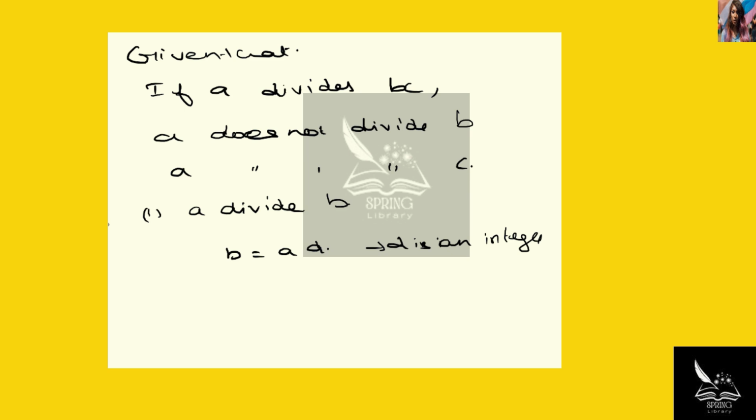Now consider BC. BC is equal to ADC. Since A divides BC, A also divides ADC.